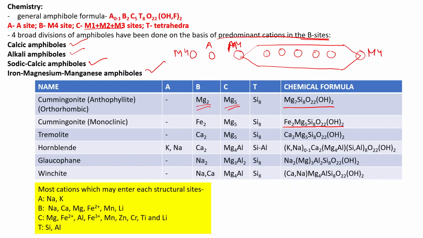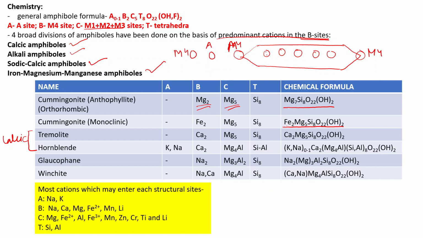In the M1 and M2 we have magnesium, but in M3 we have aluminum, and then the tetrahedra is silicon aluminum tetrahedra. So the general formula of hornblende now changes to (K,Na)0-1 Ca2Mg4Al Si7Al O22(OH)2. So tremolite and hornblende, they both are calcic amphiboles.